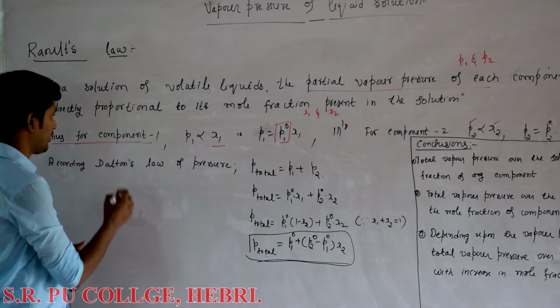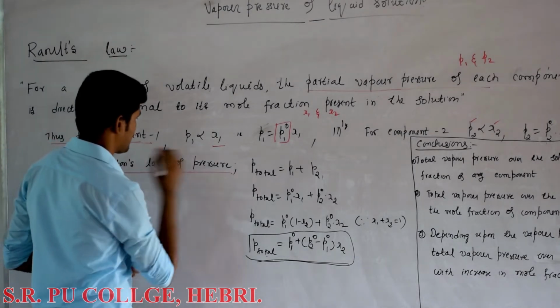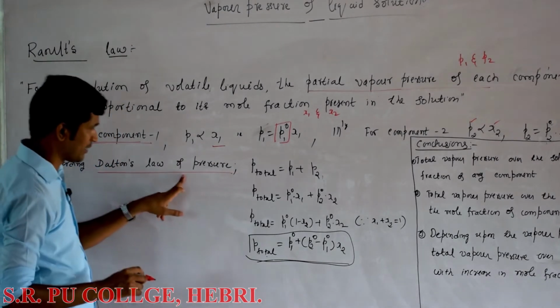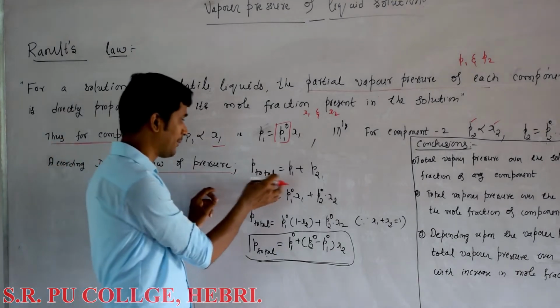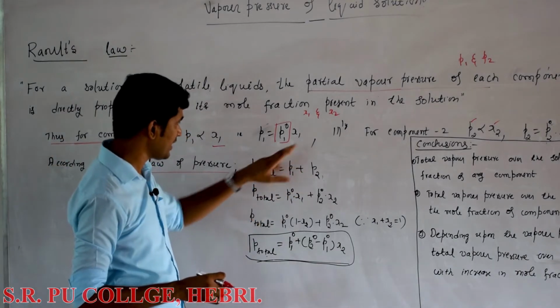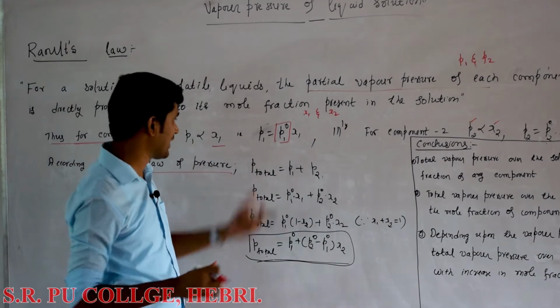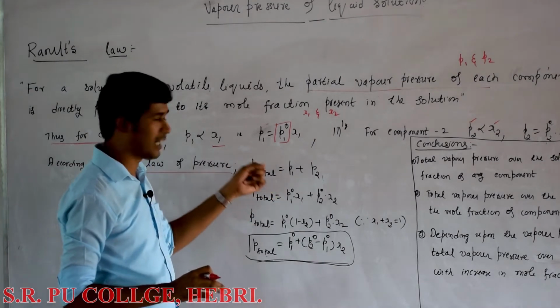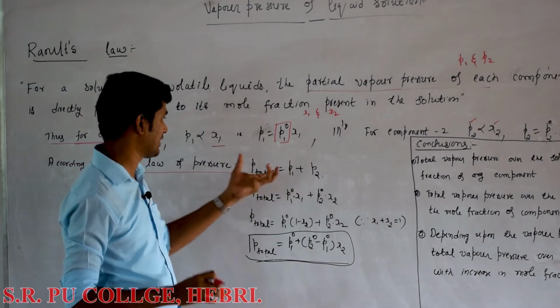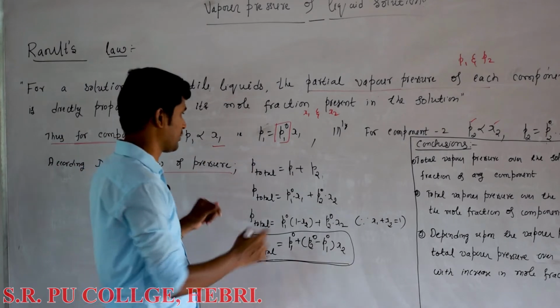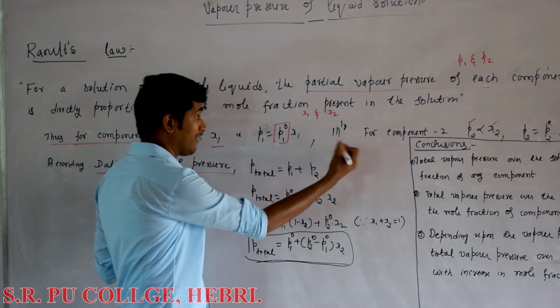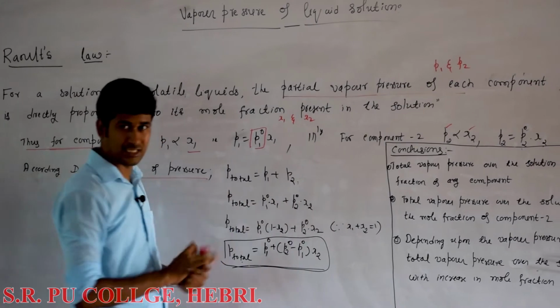But according to Dalton's law of partial pressure, the total pressure exerted by a mixture of non-reactive gases is equal to the sum of the partial pressures of each gas present in the mixture. Here also we have two components in the vapor phase, that is, in the gaseous phase.